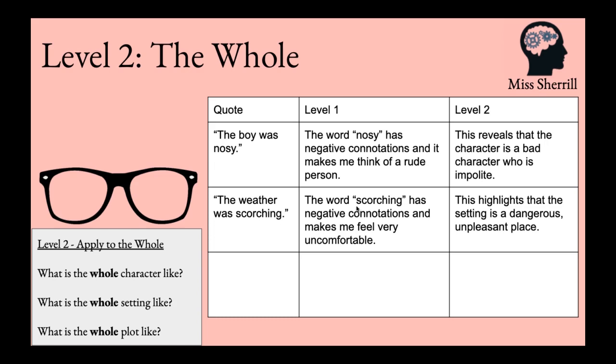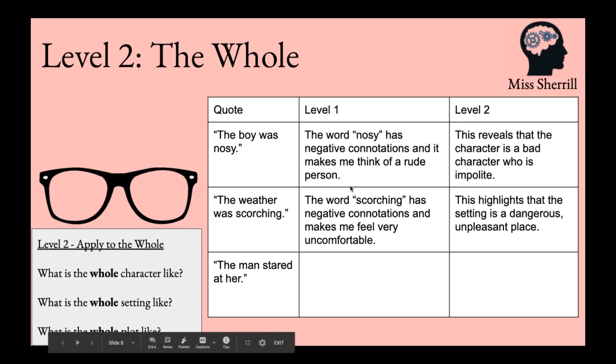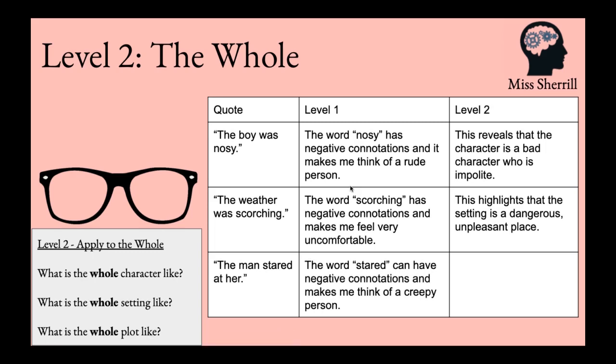It's pretty cool. Next, the man stared at her. Okay, so this is the quote in the book. Let's look at a level 1 analysis. The word stared can have negative connotations and makes me think of a creepy person. Level 2, this informs that the character is a dangerous character.